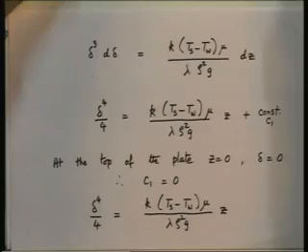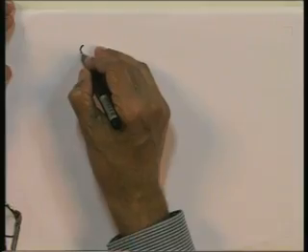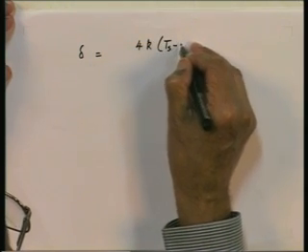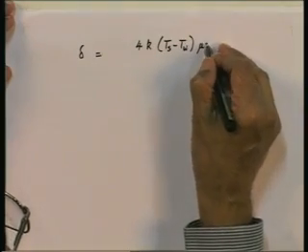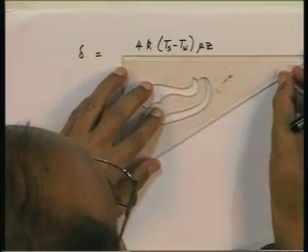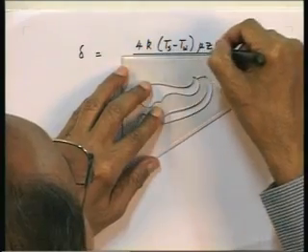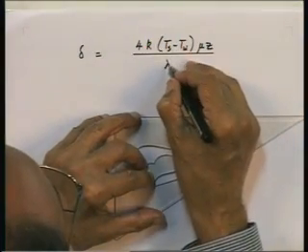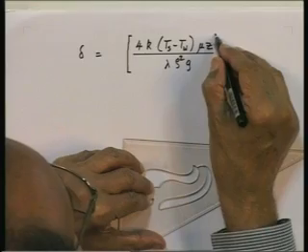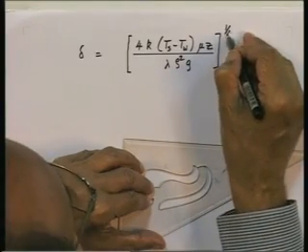Or if I want an expression for the film thickness, I will get delta is equal to 4 k (T_s minus T_w) mu z divided by lambda rho squared g, all this to the power of 1/4.